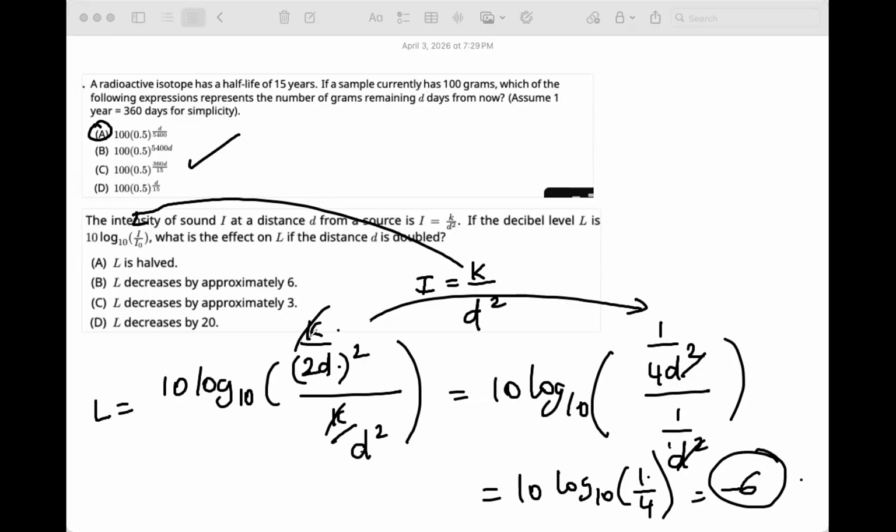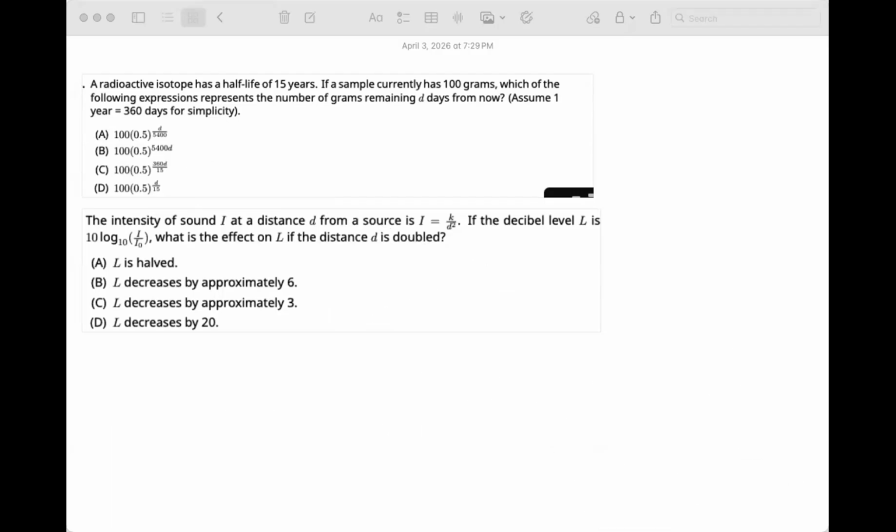See, that's what I'm saying. This was K by 2D the whole square. The original was K by D square. So when you simplify that, that becomes 1 by 4, and 10 log base 10 of 1 by 4 is -6, right? Did you all get it? Okay. So the answer would be L decreases by approximately 6.